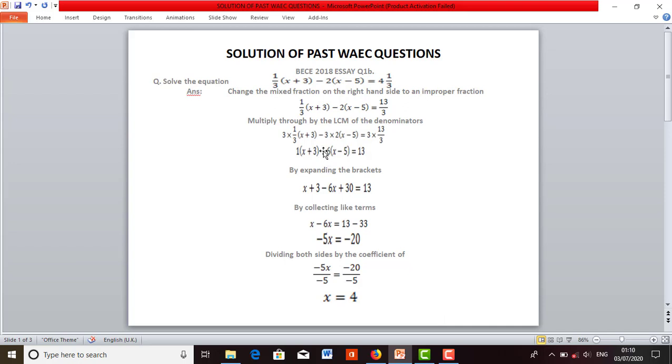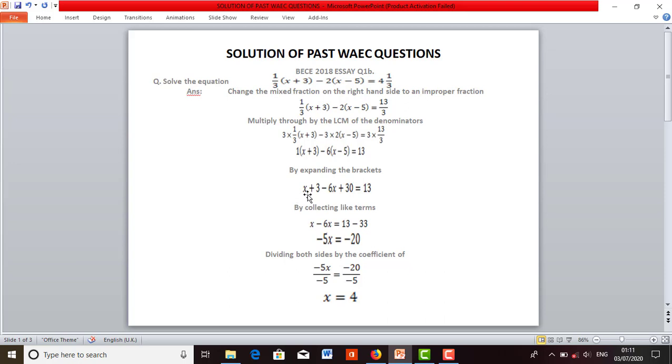Then minus times plus, we have minus, and 6 times x, we have 6x, and minus times minus, we have plus, and 6 times 5, we have 30. The brackets are gone, we've expanded, and we have all of these equals to 13.